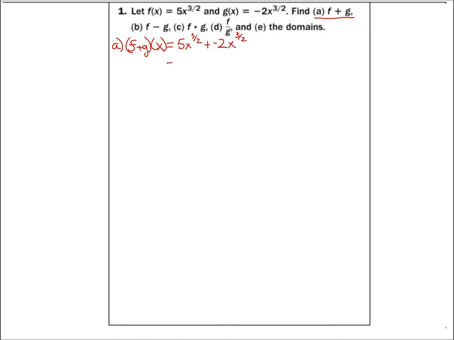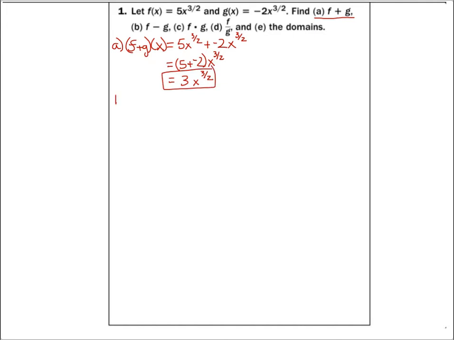And so they have like terms. So it's really 5 plus negative 2 times x to the 3 halves. So it's 3x to the 3 halves, because 5 plus negative 2 is 3. And so, that's your answer for A.